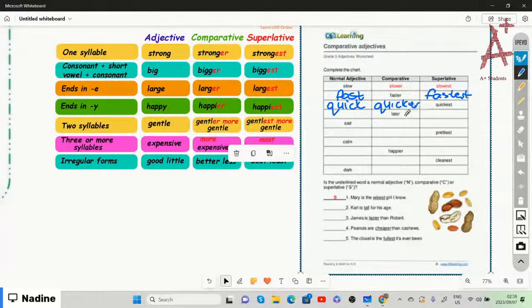And then we have later. And our normal adjective is late. So late, comparative, later, superlative is latest.